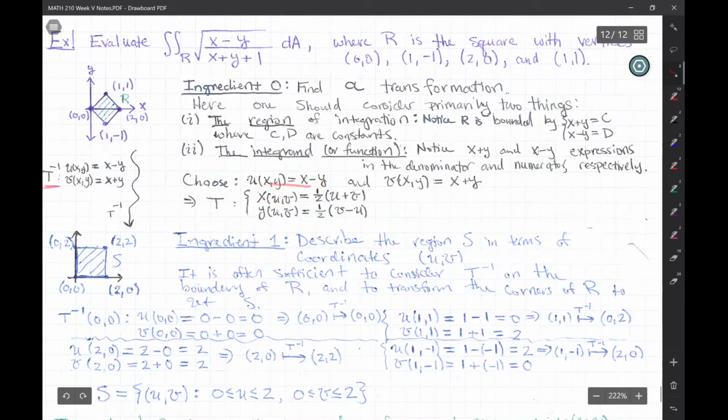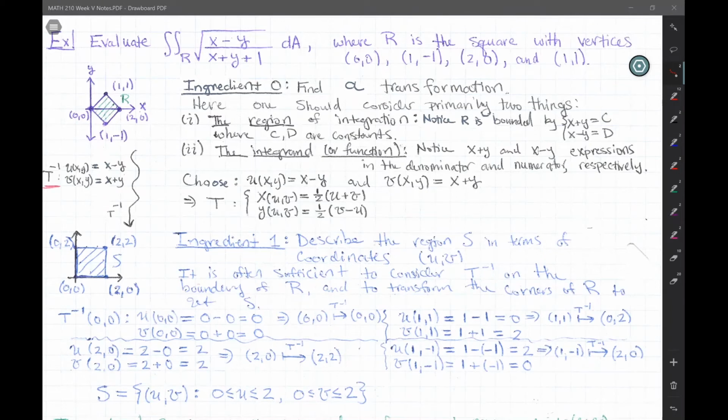You could add these two terms together, and the y's would cancel, and you could solve for x and get this expression. You could also subtract these two and solve for y and get the expression there. So we found our transformation, motivated by looking at both the region, which was bounded by curves that respect this relation here, and by looking at our integrand.